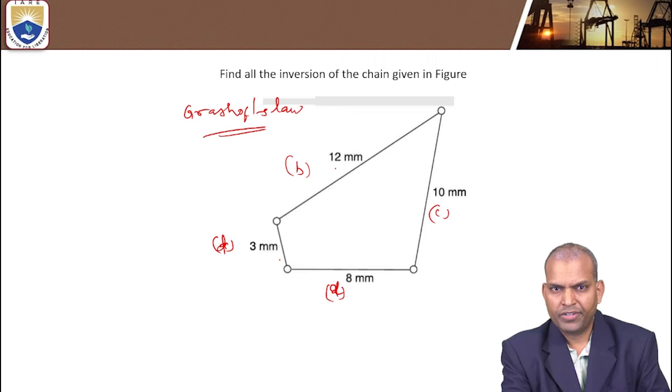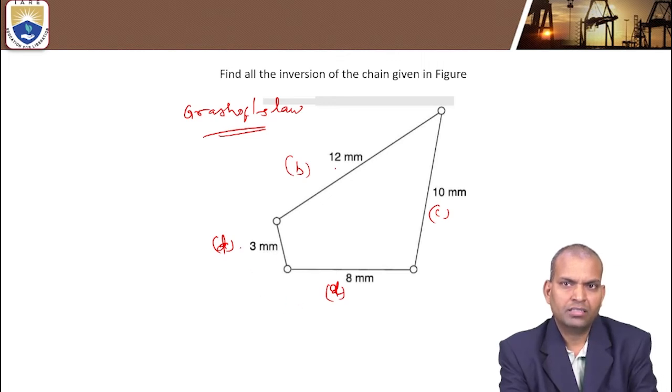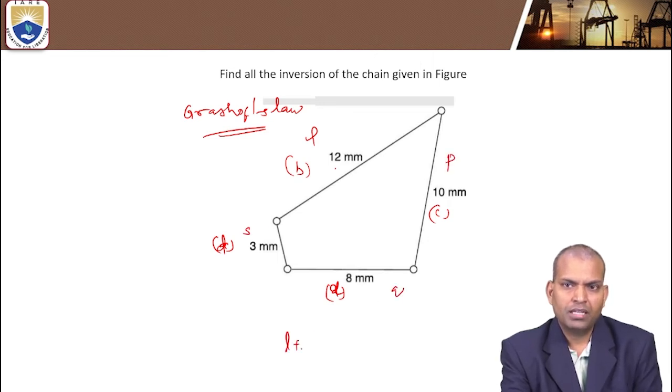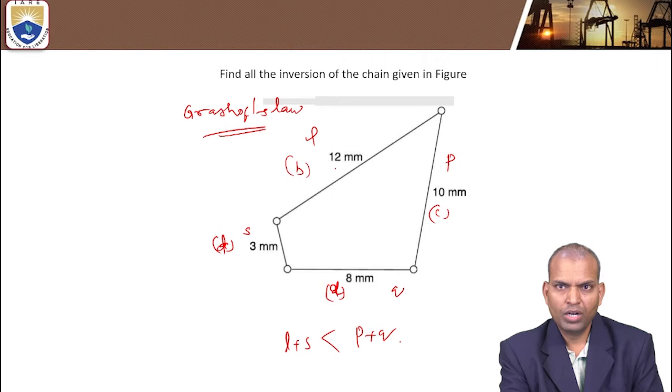First we have to test whether it is a kinematic chain or not based on Grashof's Law. What is Grashof's Law? The longest link is L, the shortest link is small s, and the others are P and Q. L plus S should be less than P plus Q. That should be. What is L plus S? 12 plus 3.